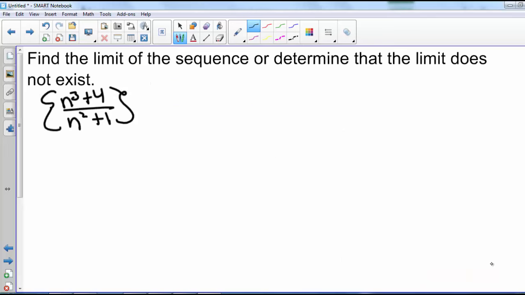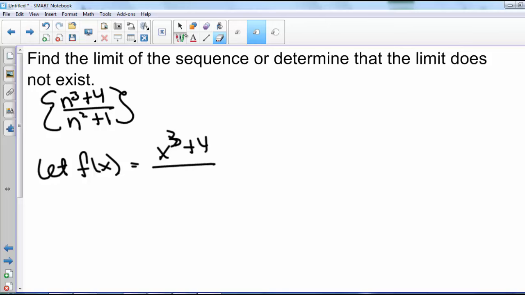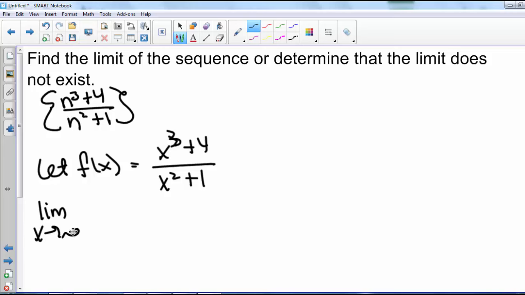So here we want to find the limit of the sequence, or determine that the limit does not exist, for n cubed plus 4 over n squared plus 1. So if we let f of x equal x cubed plus 4 over x squared plus 1, so we're looking for the limit as x goes to infinity of x cubed plus 4 over x squared plus 1.